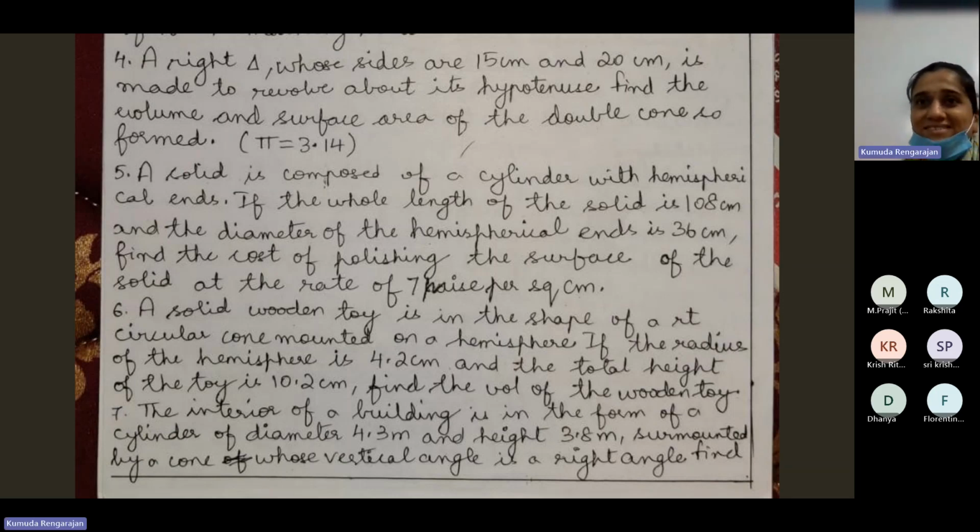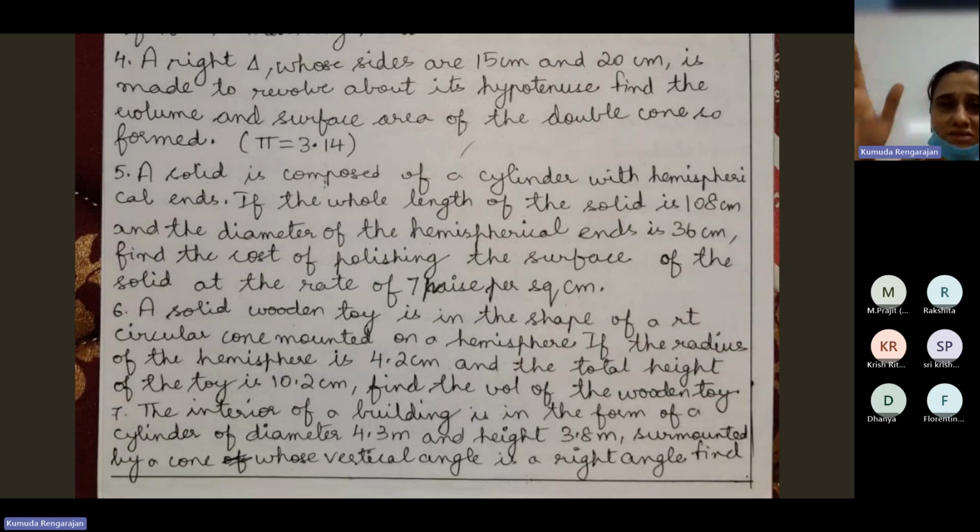Pi r square h, right? So here also it is 2 by 3 pi r square into h, which is r only. H is equal to r here. So it's 2 by 3 pi r square.